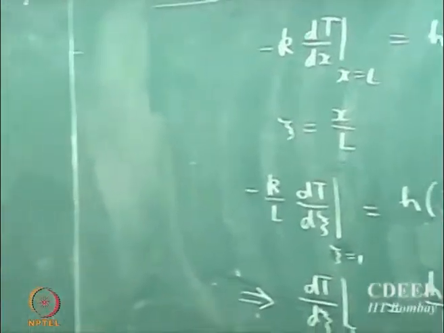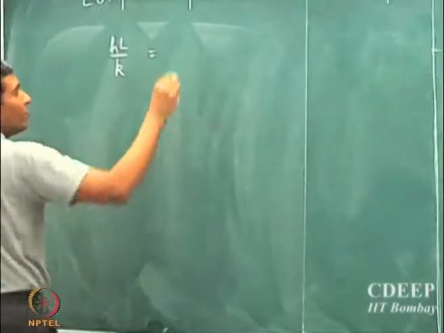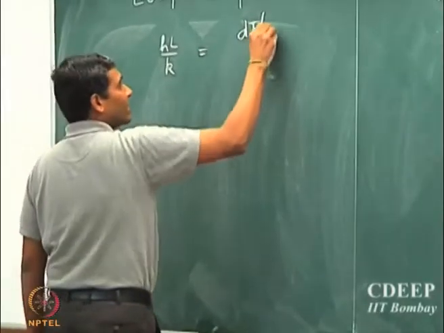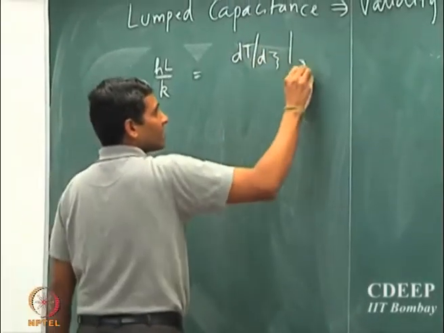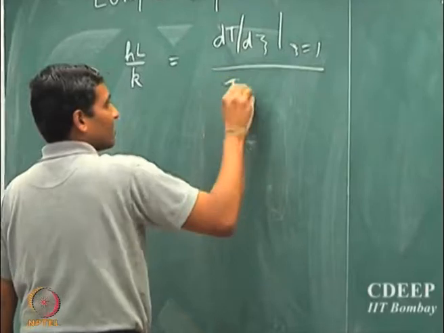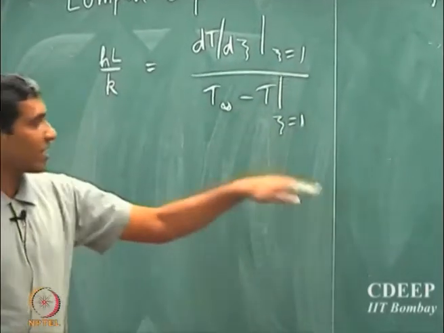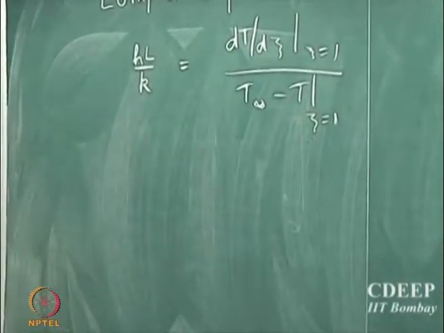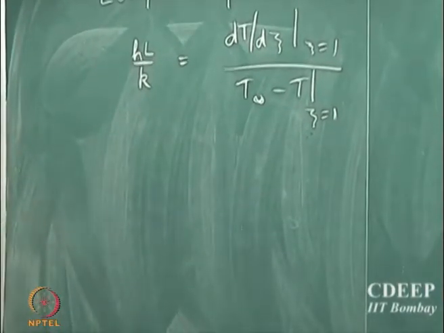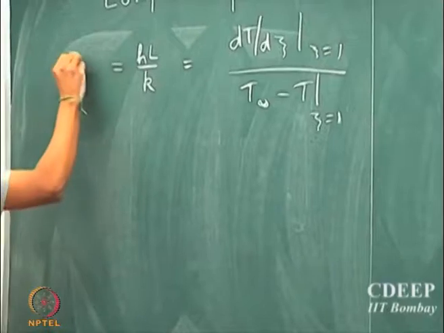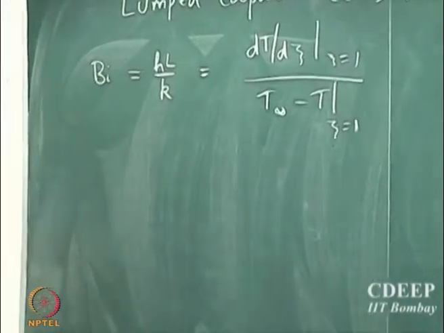So now hL by k equals dT by dz divided by T infinity minus T2, where T2 is nothing but the temperature at z equal to 1. Okay. So this quantity is what is called the Biot number.